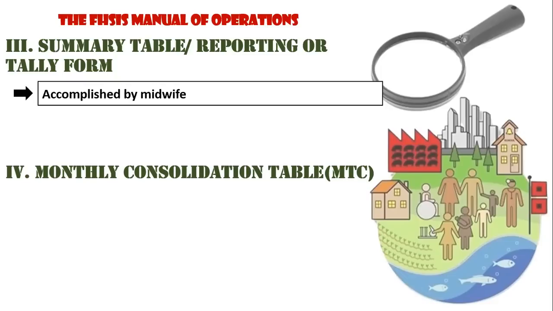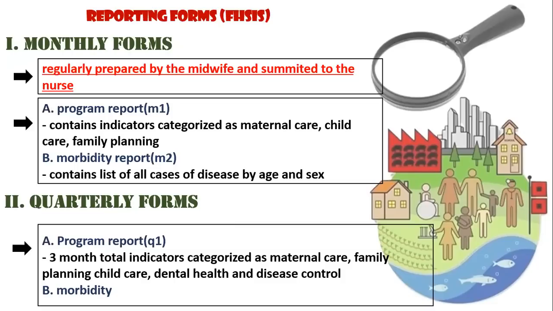So, ang gagawin ni nurse every month, kukunin niya na yung mga record in all barangays here in Tuguegarao. So, kapag natapos na yun, meron na siyang monthly consolidation form.